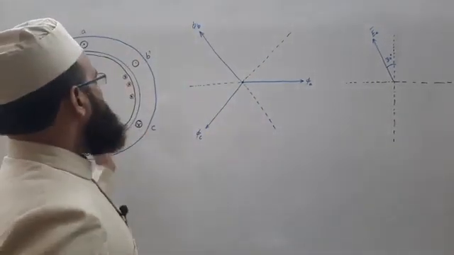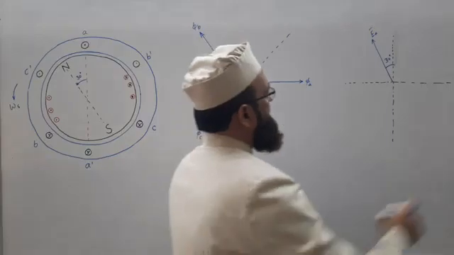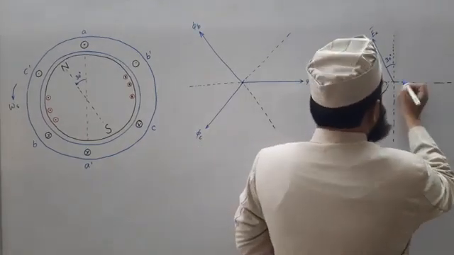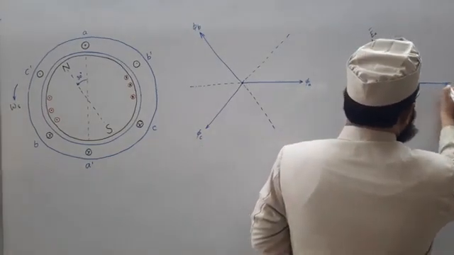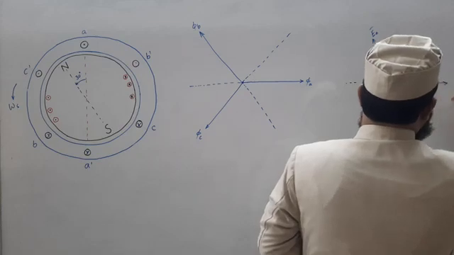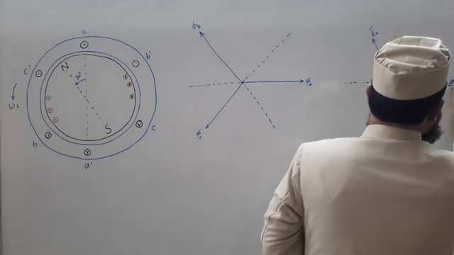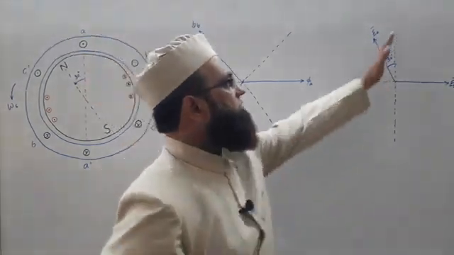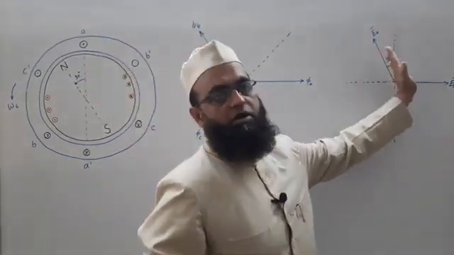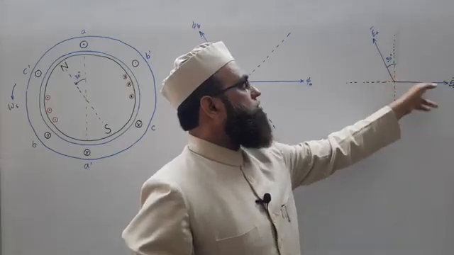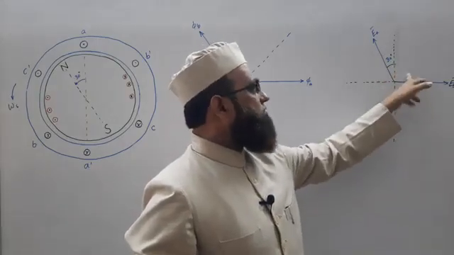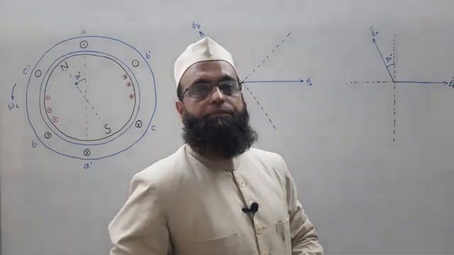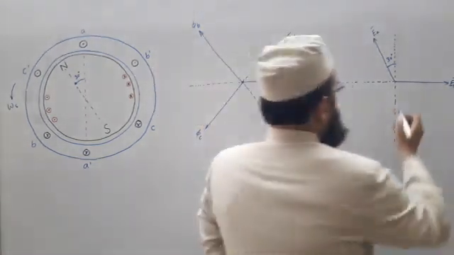What about B? So, B earlier, shifted by 30 degrees, will attain this position EB. You can check it from the previous case phasor diagram. Once this phasor is rotated, this is also rotated, as the phase difference between the two EMFs is 120 degrees. So, 90 plus 30, 120. And what about phase C?